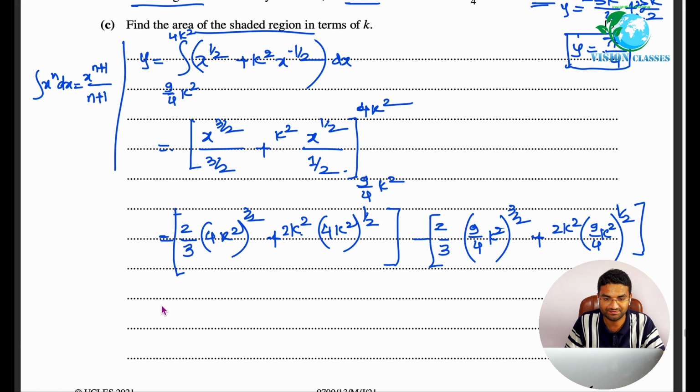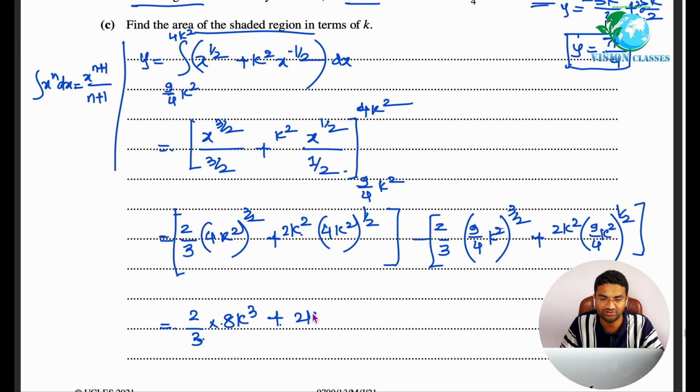So it is equal to 2 by 3, right? Now the square root of 4k square is 2k, and if you cube it, you will get 8k cube, right? Plus 2k square, and if you take the square root of 4k square, you get 2k, right? This is the first part.